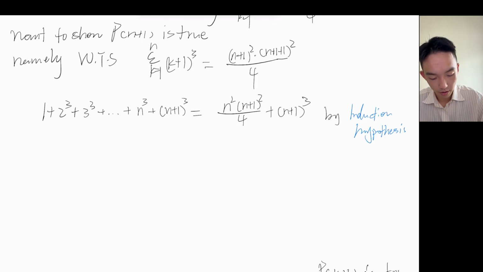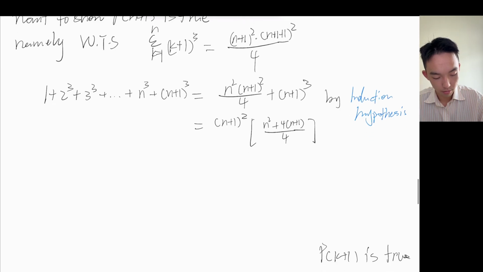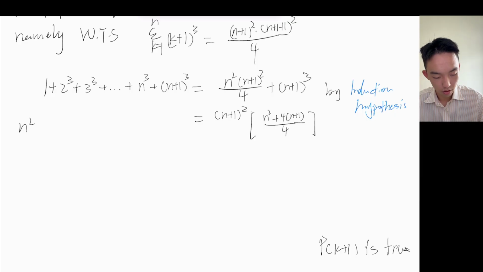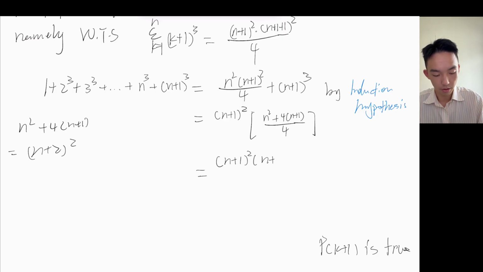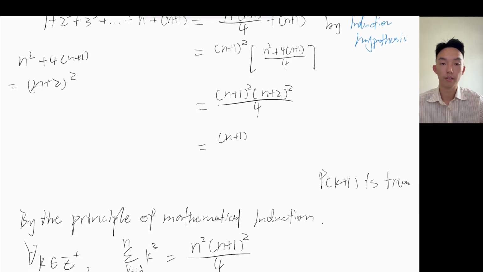We take out n plus 1 squared, because they both have this term. And then the rest would be n squared plus 4 times n plus 1. This can still be factorized: n squared plus 4n plus 4. So we can write it as n plus 1 squared times n plus 2 squared divided by 4.